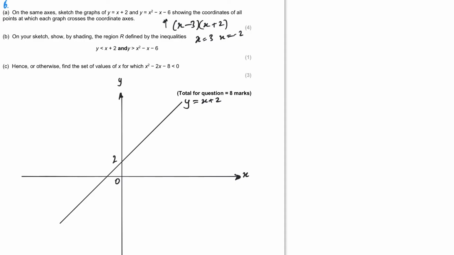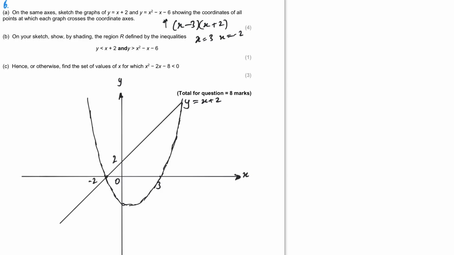Sorry, x equals negative 2 is actually going to be this point here. And then x equals 3 is just somewhere over there. And of course, they're going to cross at minus 6. So here we've got it, something like that. And of course, that will eventually go up and cross somewhere up there.